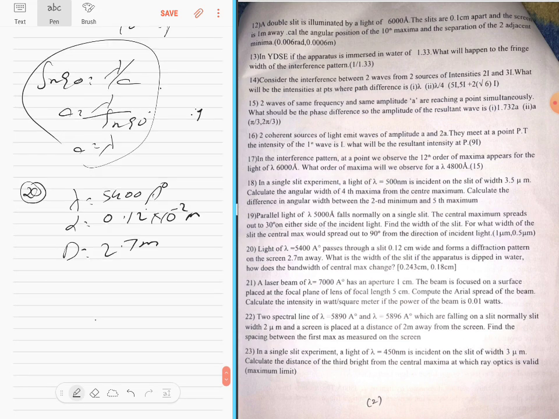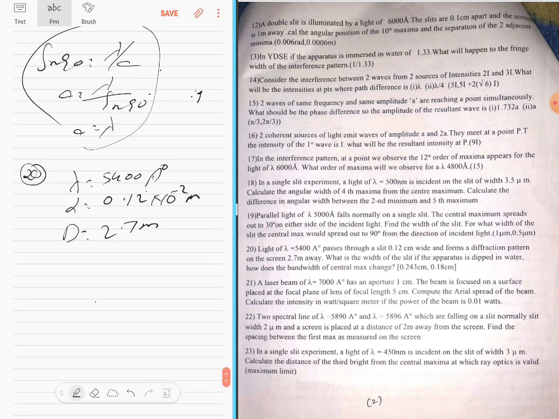How does the bandwidth of the central maxima change? The wavelength will obviously change.